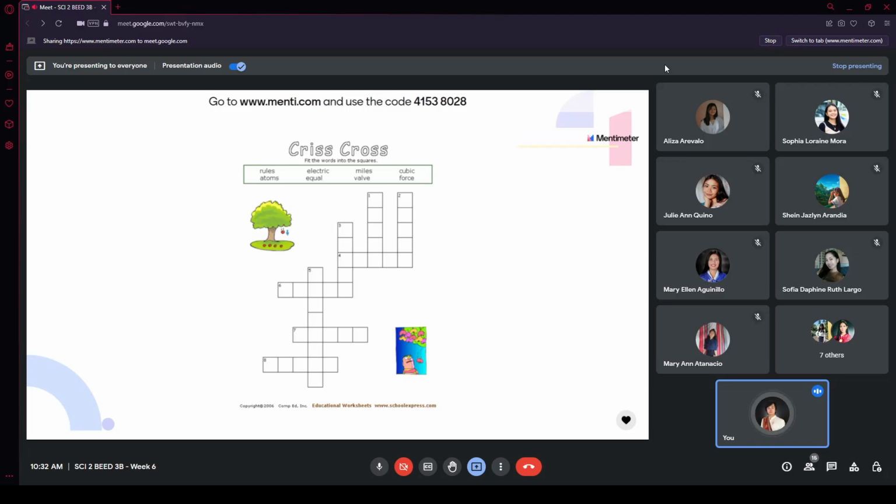So if you're going to let them write something, make sure the space that they're writing on is large, right? Because usually when elementary students are writing, their letters are quite big. Hence, we can see, for example, this one, crisscross, the space that they would have to write their answers on is quite large.